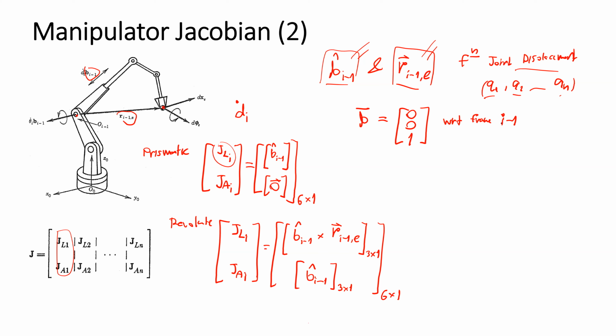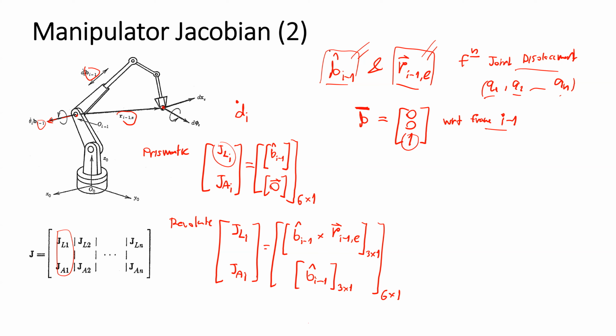Vector B, if we consider just the frame I-1, vector B lies in the z-axis of the frame I-1.